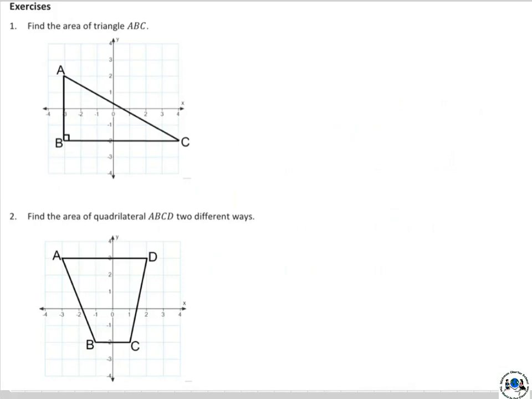Okay, so number 1 is asking us to find the area of triangle ABC. What I want to do firstly is write out my formula for the area of a triangle, which is 1/2 base times height, and there is my base right there.